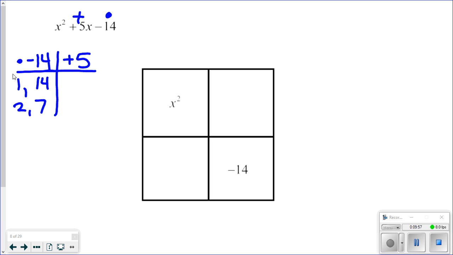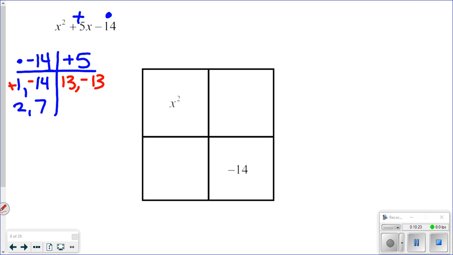Because my c term, the constant at the end, is a negative, I know for all of these questions, one was negative and one was positive. So if I do a negative 1 and 14, I get a positive 13. If I switch these, I get a negative 13.